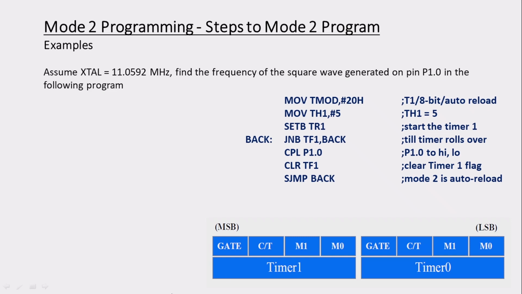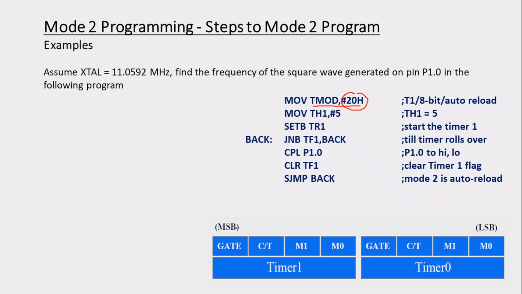Now here you can observe, let us look into the program. They have given the TMOD register to be 20. Here you can observe the value is an immediate value, that is 20.